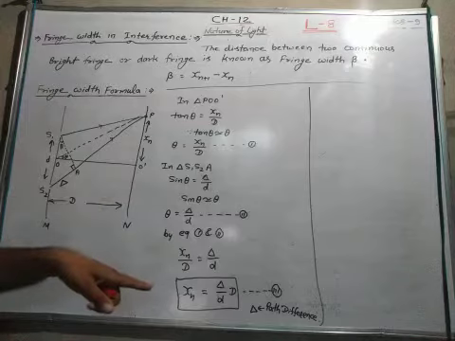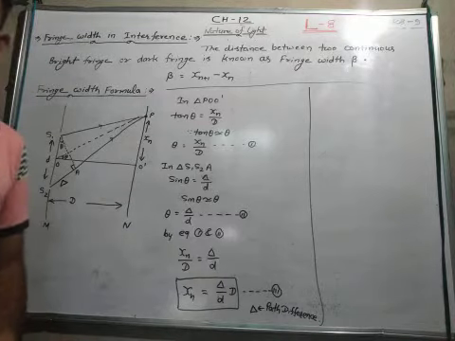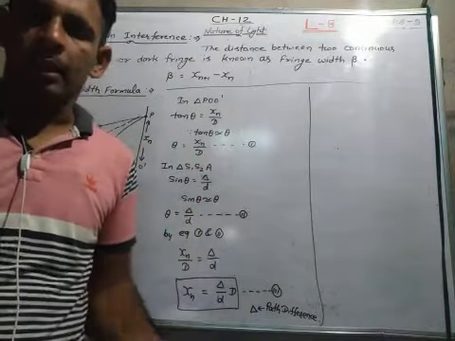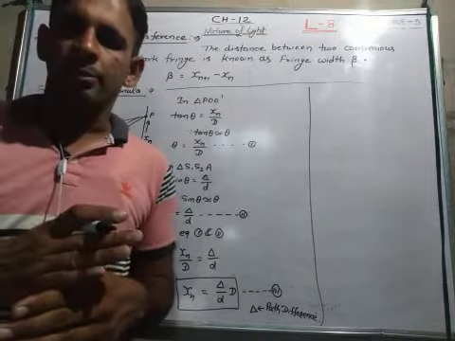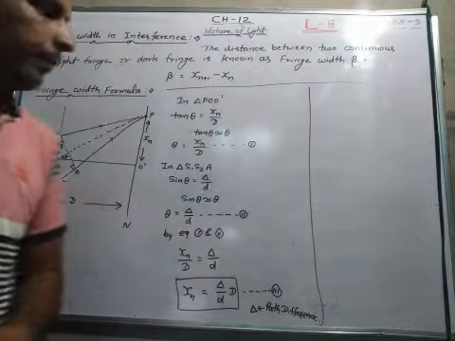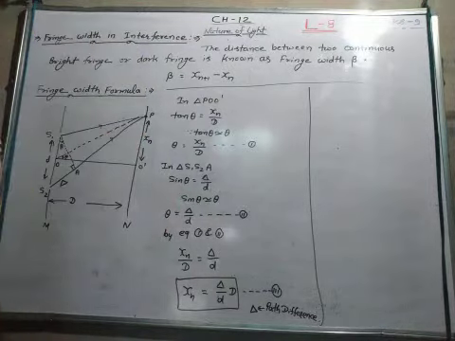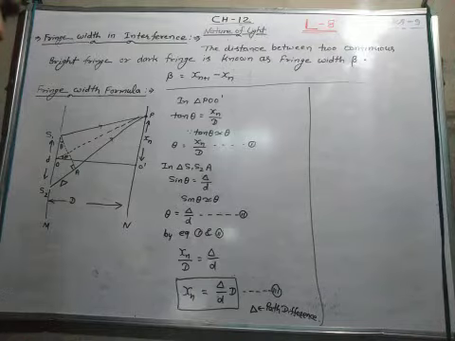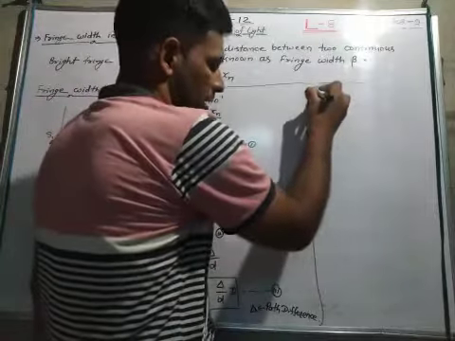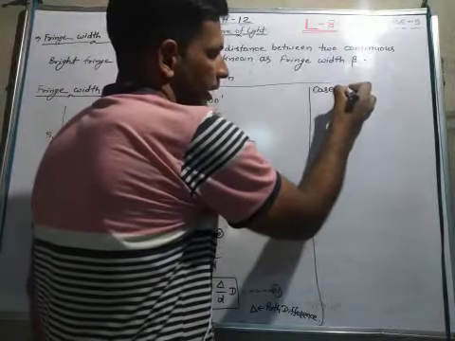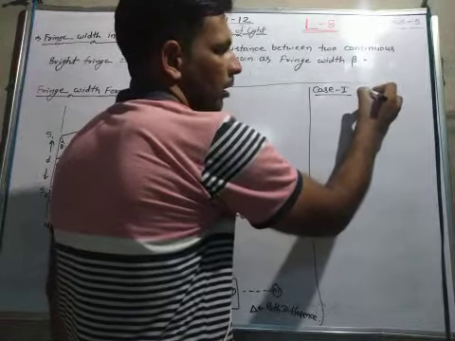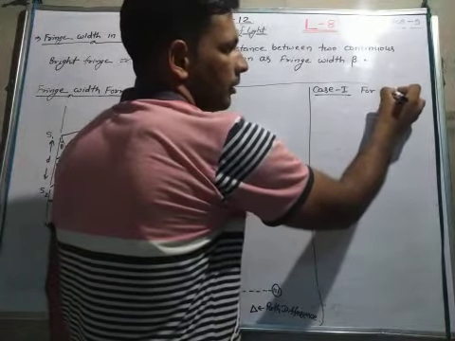After this, we calculate the fringe width for bright fringe in one part and for dark fringe in another part. So now I take case first, for bright fringe.